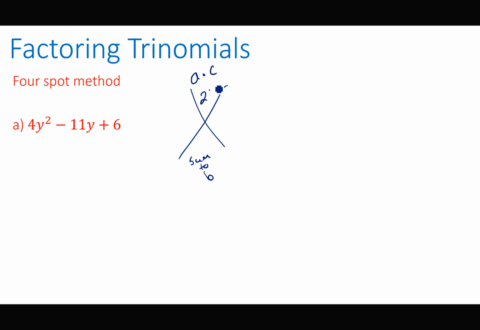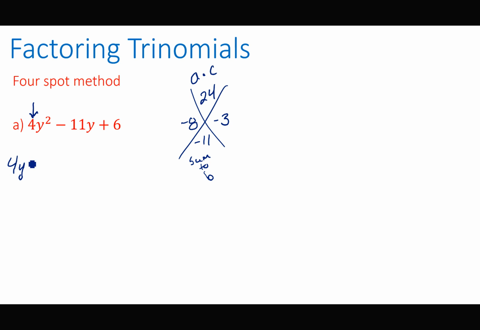So I'd have 24 on top that will sum to be negative 11. All right, I know I could have a negative 8 and a negative 3 would work. But because of this 4 here, I need to write this with 4 spots. I'm not factored yet. I need to do it into 4 spot.